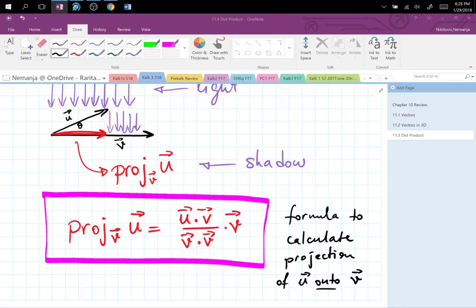So it goes without saying that the direction of the red arrow is the same as the direction of v, because that's where it lives. And that's this times v at the end. So you have the two dot products and then you have times vector v.